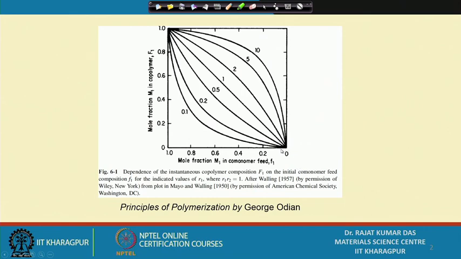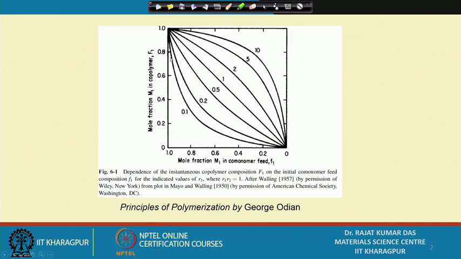This is the mole fraction of monomer 1 in the co-monomer feed, which is quite low. Say 0.2 is the mole fraction of monomer 1 in the feed. Correspondingly, what will be the mole fraction of monomer 1 in the copolymer that has been produced?